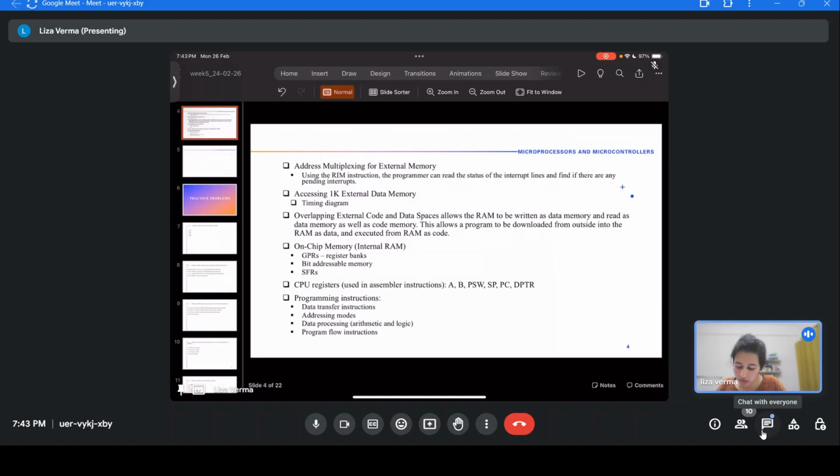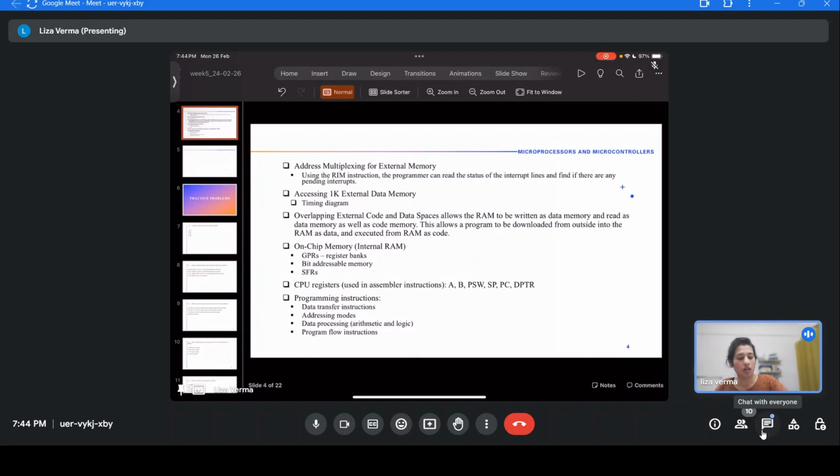No, we use the stack. Actually, I'm not able to recall if we can use the other memory locations as stack also. I think the answer lies there, and I'm not able to recall it.